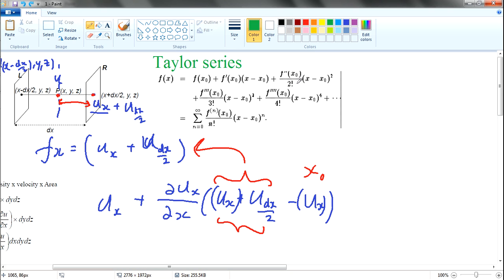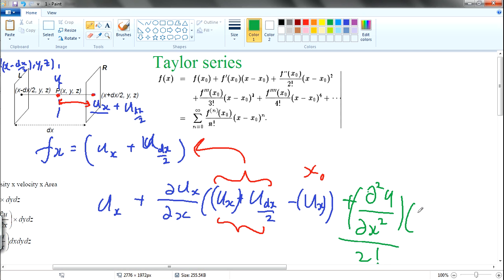Other stuff. So you're talking about plus partial 2 u partial x square, and then you have x naught again, divided by 2 factorial, and then this whole thing squared.